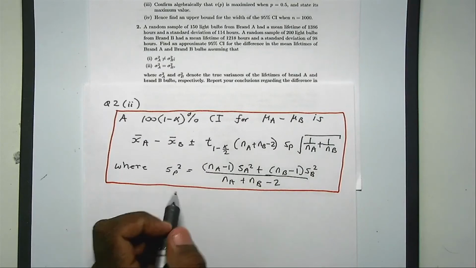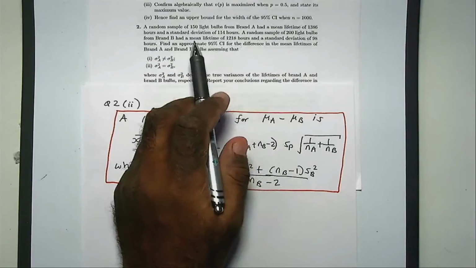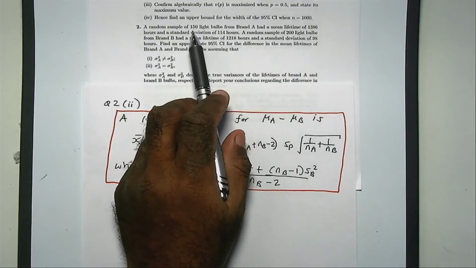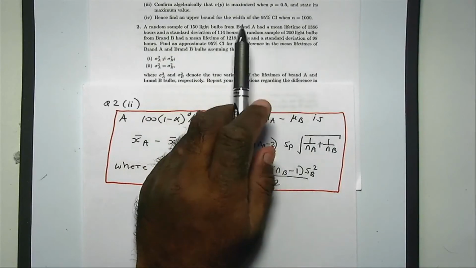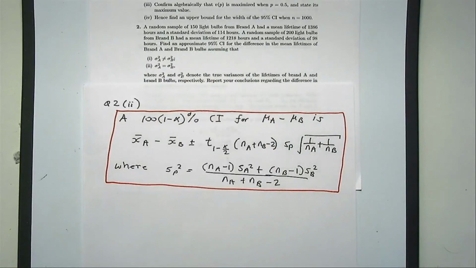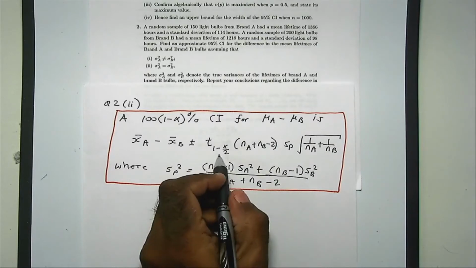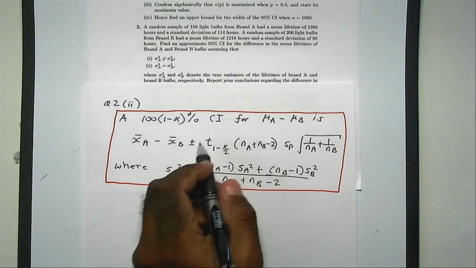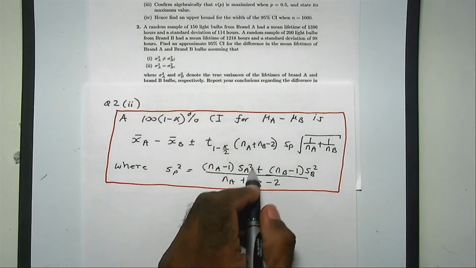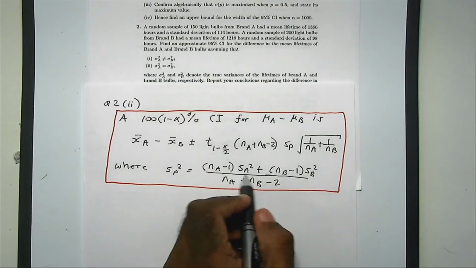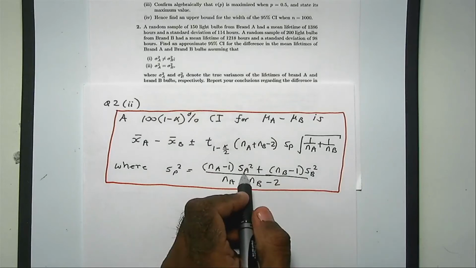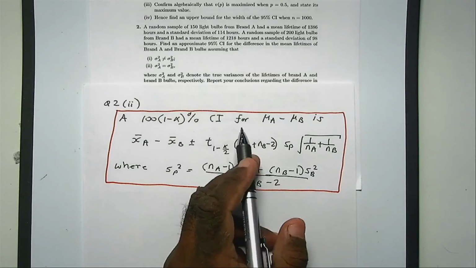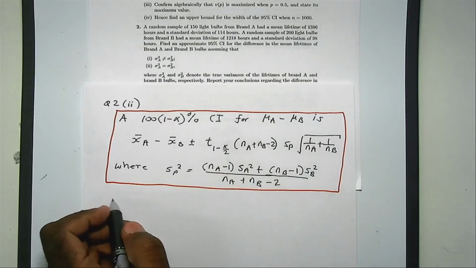Now, because if you go back to the question, the sample sizes involved are 150 and 200, which are pretty large numbers, right? I mean, certainly larger than 25, which is a nominal level in statistics. So, since they are very large numbers, we can approximate the t percentile with the standard normal percentile, and also you can take the sample variances, SA squared, SB squared, to be equal to the population variances which are given in the question, right?